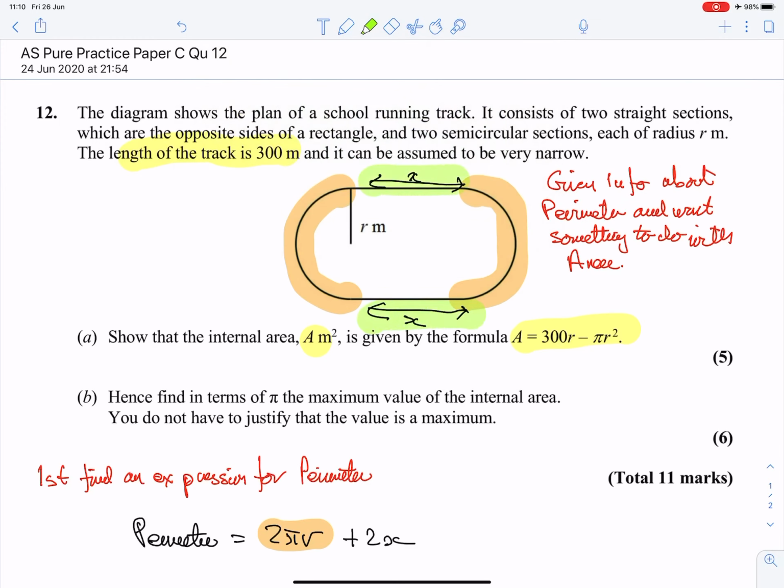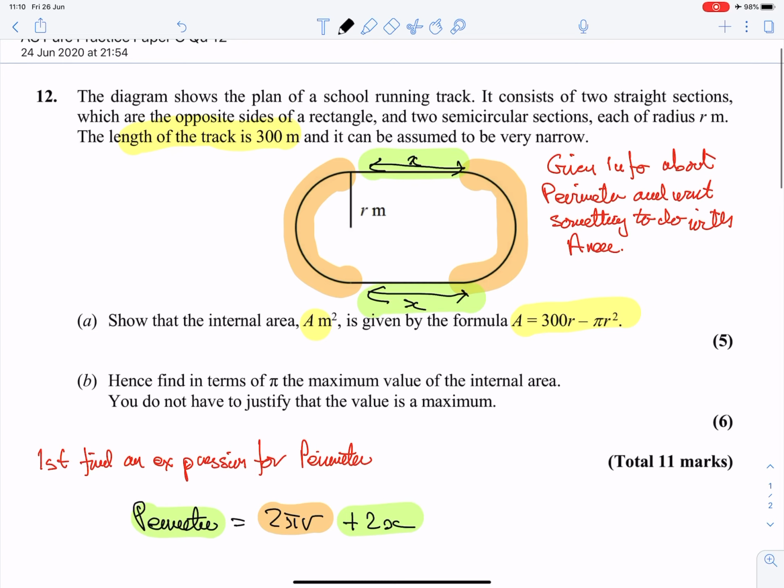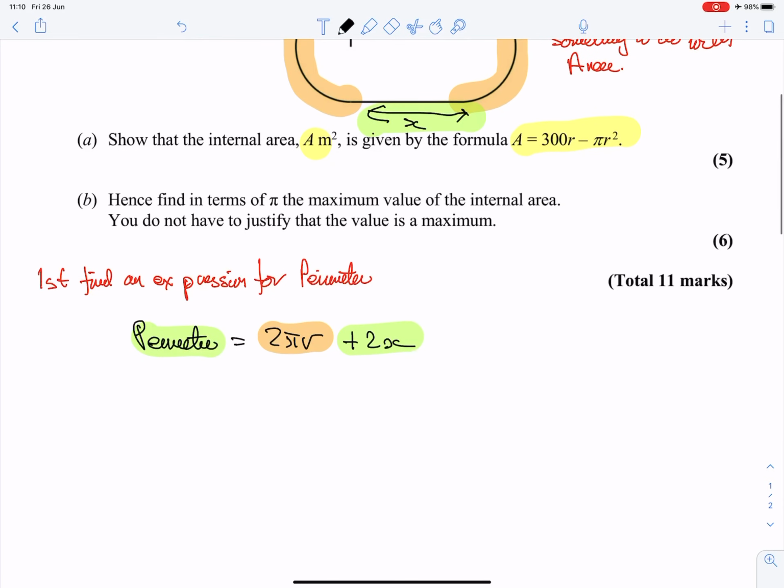So those two give us the perimeter of the shape. Now we're also told from the question that the perimeter is 300. So we can substitute in for the perimeter. 300 is equal to 2 pi r plus 2x.